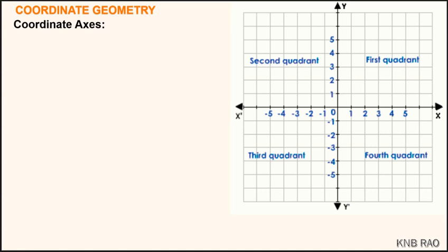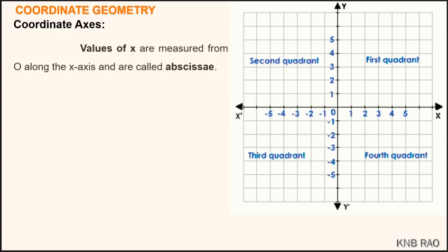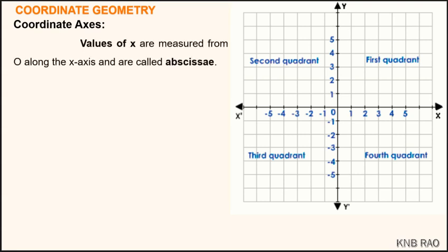Sixth point, the values of x measured from O along the x axis are called abscissa. Plural of abscissa is abscissae. Here I said values, so plural, abscissae.